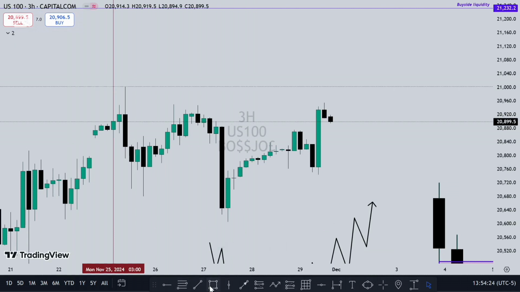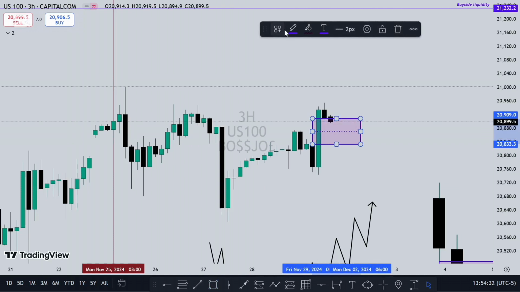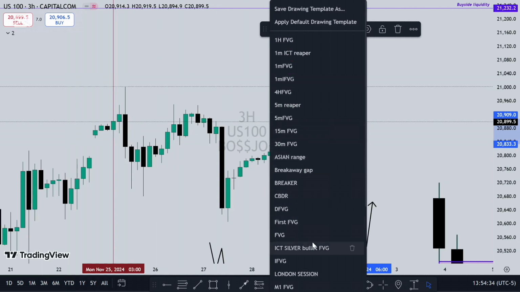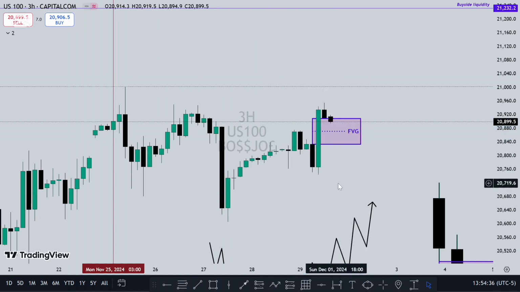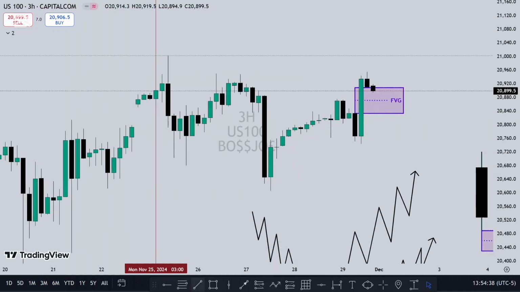So the space between this and this is what we call fair value gap in the 3-hour time frame. That's a fair value gap. Then you also have candle number 1, candle number 2, candle number 3. This is an example of a bearish fair value gap.